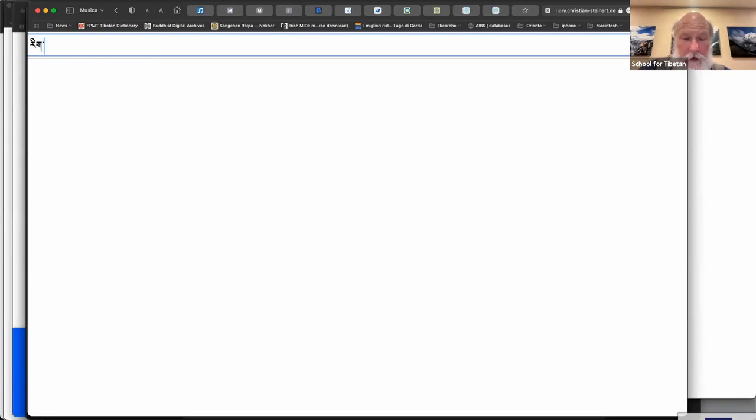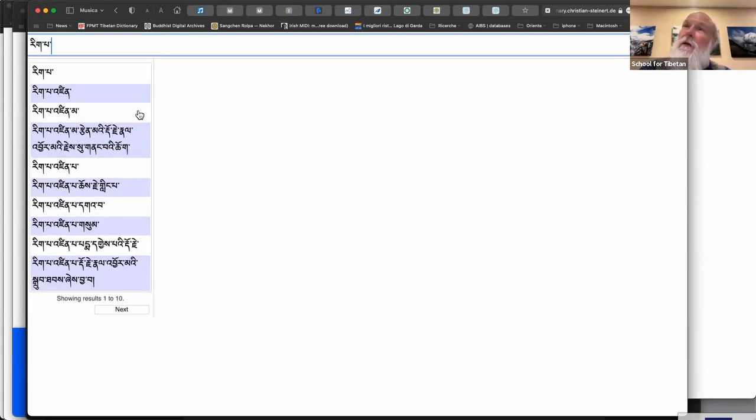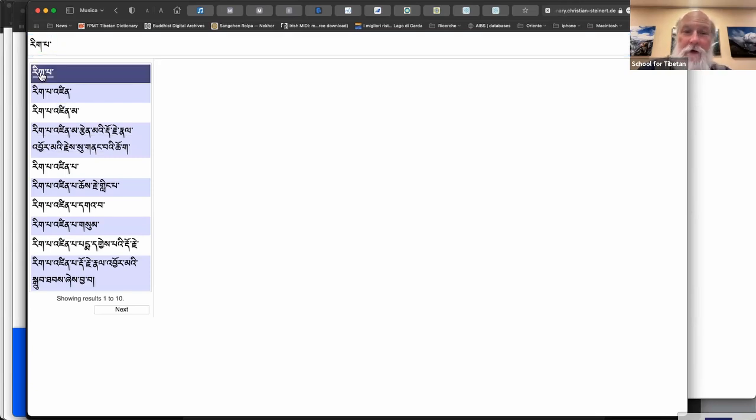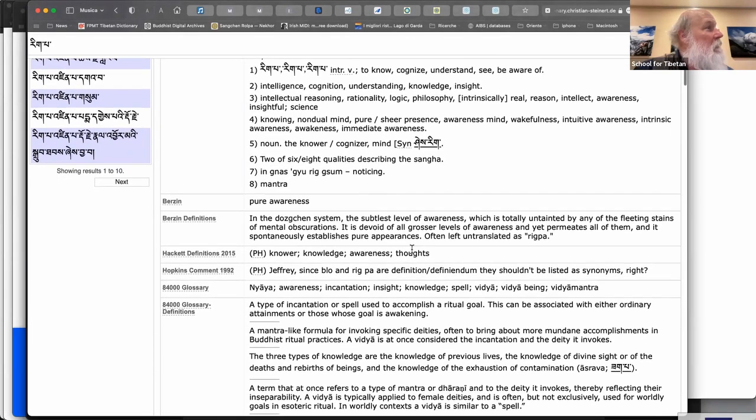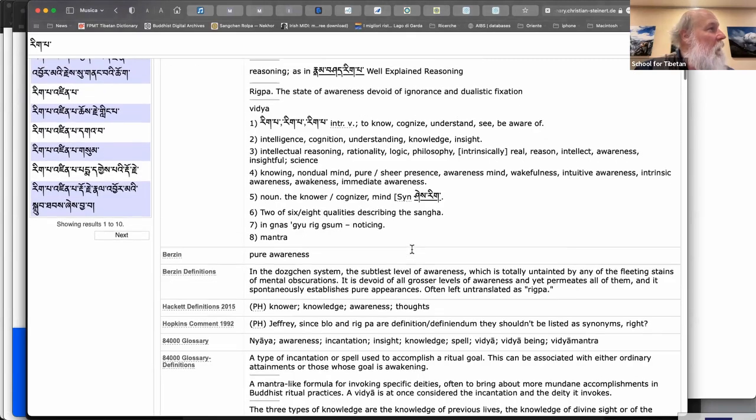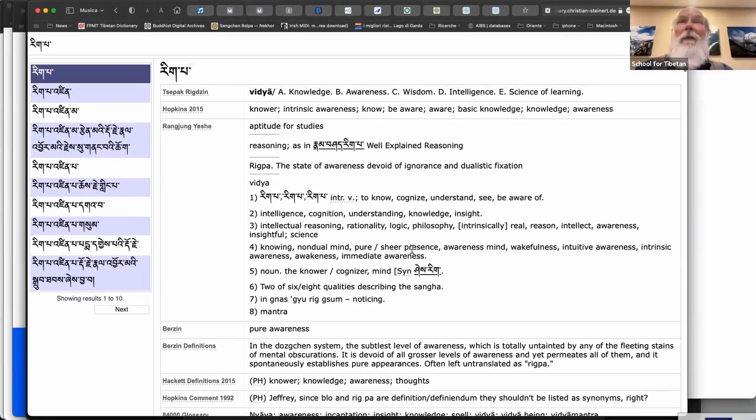So here you write Rigpa, for example, and you get words starting with the one you search, and words with other syllables that can be combined with the initial word. Then you press here, and you get a wide variety of equivalents. It's amazing, but it is also very, very misleading, problematic.